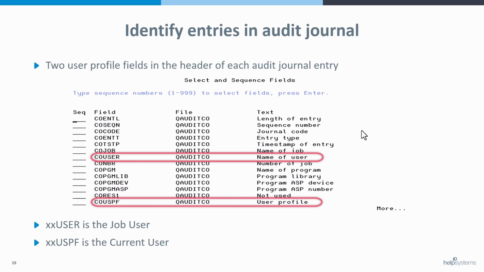And then the CO USPF field is the current user of the job. So in the case of that QZDASSINIT, we would have seen the CO user being QUser and the CO USPF user profile being user 1. And the objects created during that ODBC connection would be created by user 1, not QUser.